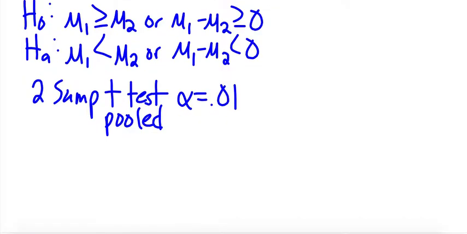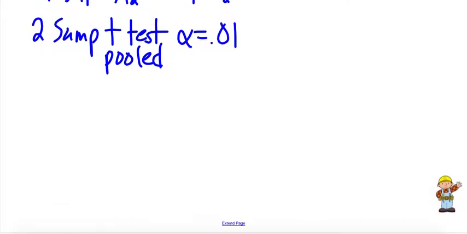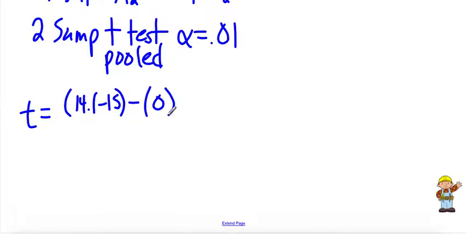All right, so if we're doing this by hand, we need to calculate t. So we have x bar 1 minus x bar 2, so 14.1 minus 15. And then mu1 minus mu2, that's just from the hypothesis, 0.